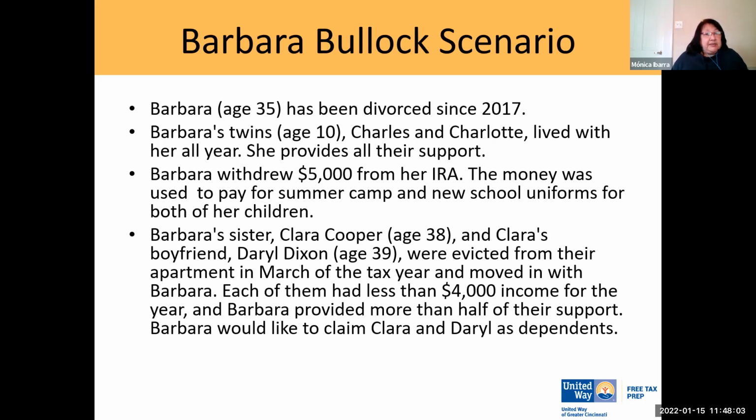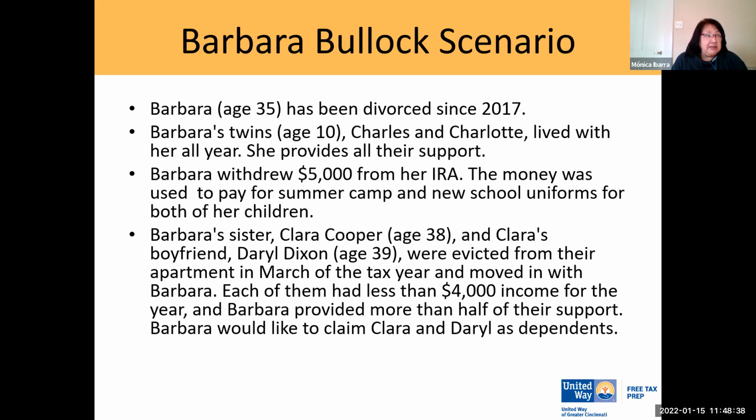So there doesn't need to be a relationship there. The fact that he lived there all year and that she provided more than half of his total support, and that his gross income was less than $4,300, and that he is not her qualifying child, all those go into making him a qualifying relative for tax purposes.